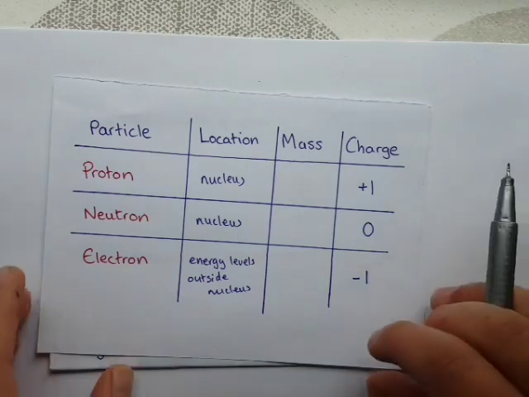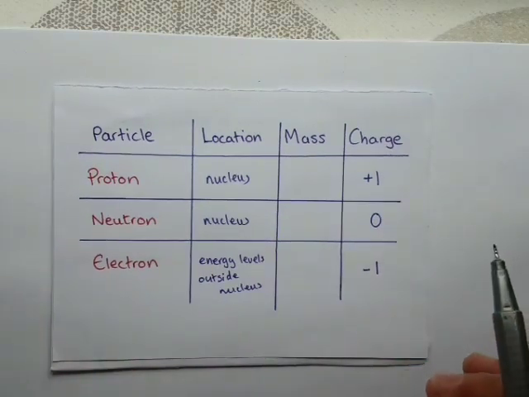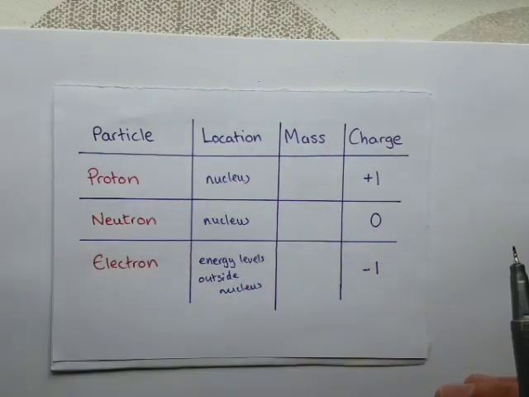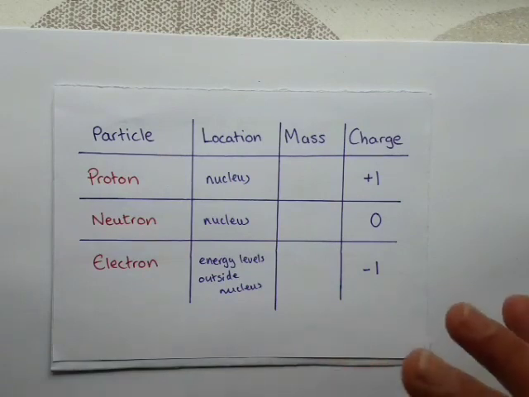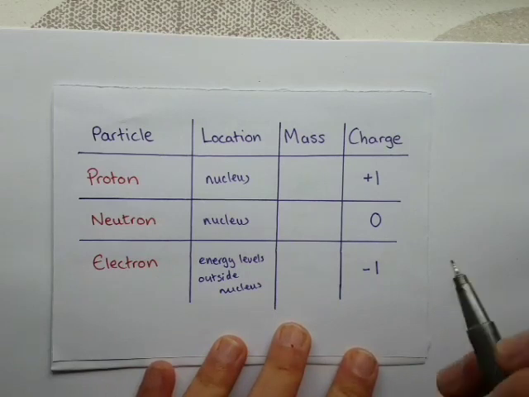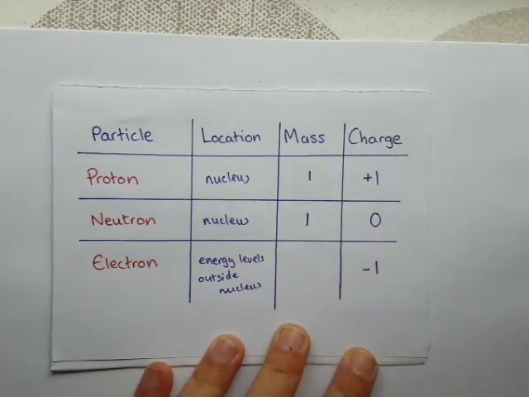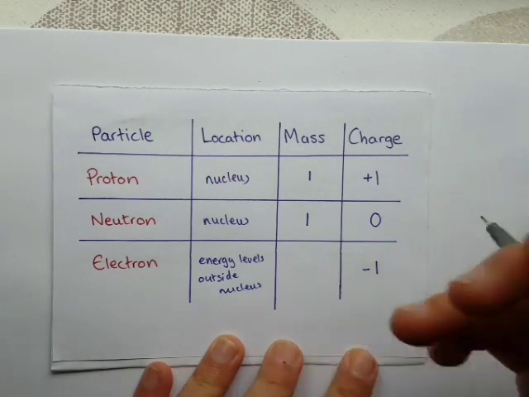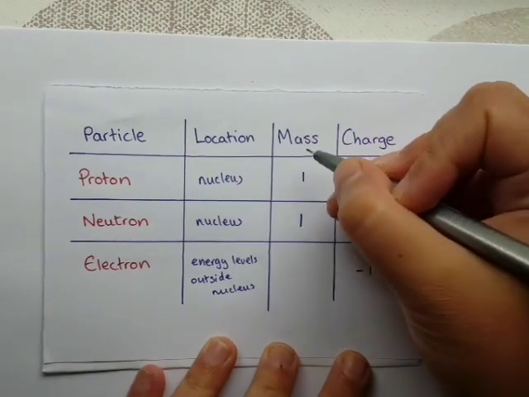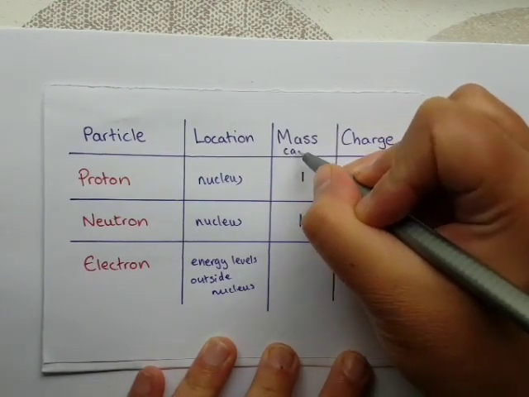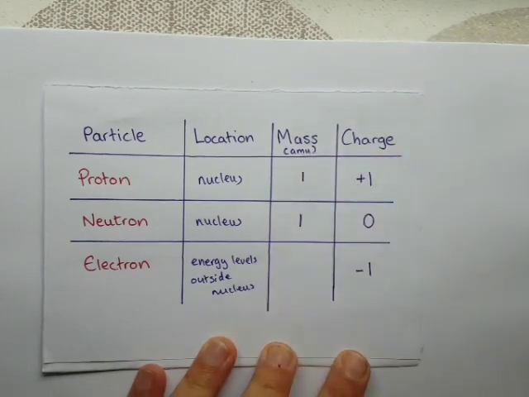But to save us writing that really complicated number out every single time in chemistry, we give the protons and neutrons a mass on a relative scale. So we say each one has a relative mass of 1, and the units of that, like I say, it's a relative scale, we call atomic mass units, or AMU.